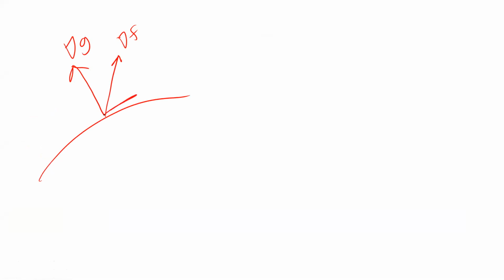So if I have some surface here, and here is the gradient of G, normal to the surface. If the gradient of F is not entirely in the direction of the gradient of G, then I can write it as something in this direction and something in this direction.